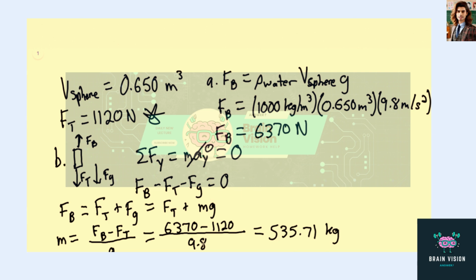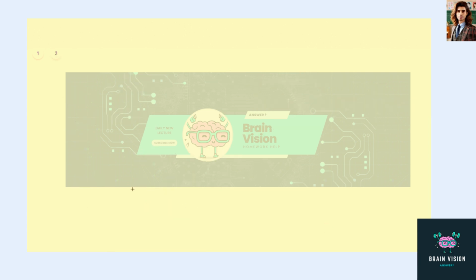So at this point, they're saying that the rope breaks and the sphere rises to the top. So given that we don't have a rope anymore, we can say that in order for the sphere to float, the buoyant force must equal the force due to gravity. Now, we want to find the percentage that is submerged.